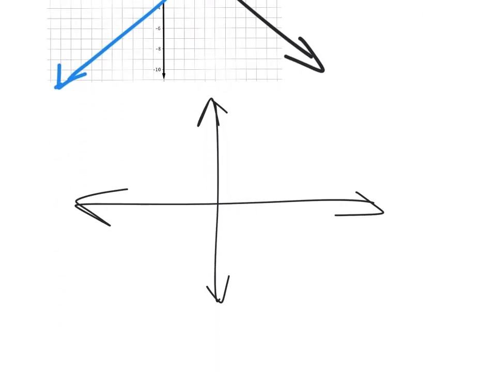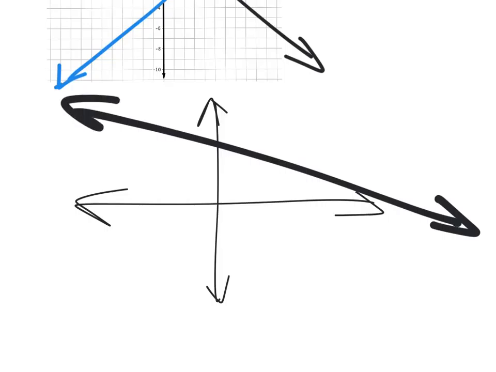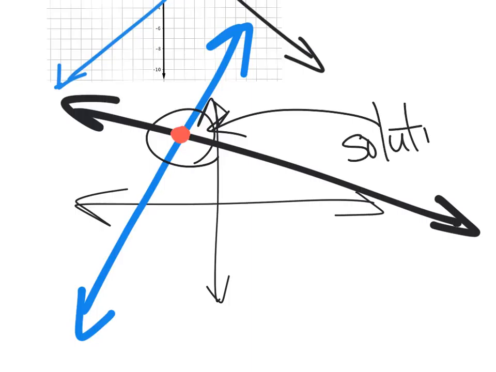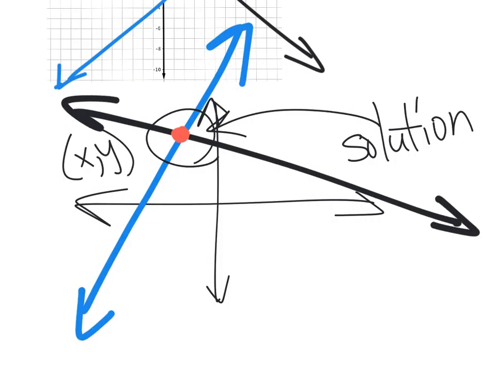Perhaps one line could look like this, and the other line like this. Now they're crossing right here. The place they intersect is called the solution, and it is always a point, an ordered pair, x comma y.